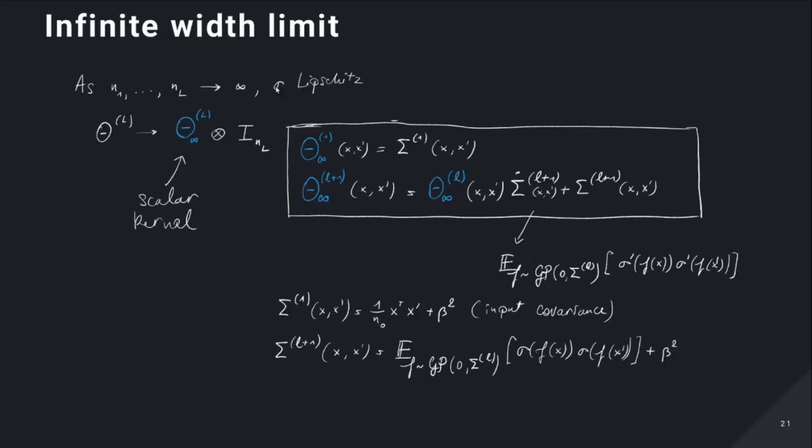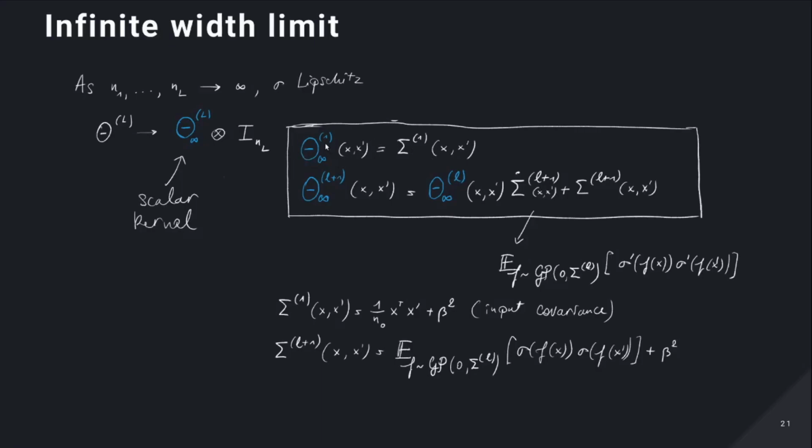But if I have these fairly nice conditions, then I know that my neural tangent kernel will converge to some limit, which is just a scalar kernel omega infinity, taking the outer product with the identity. So maybe don't worry too much about that part. Just worry about this. And we actually have some nice equations to compute my limit.